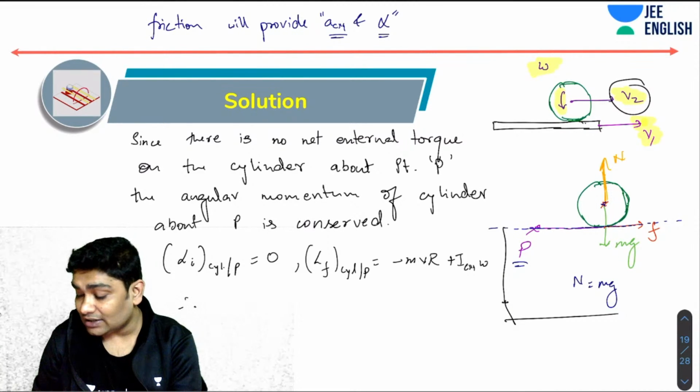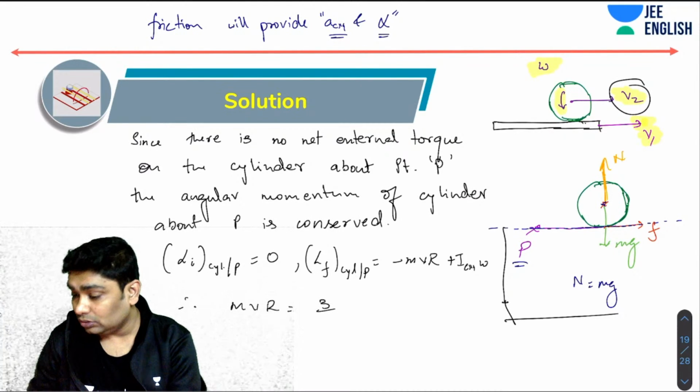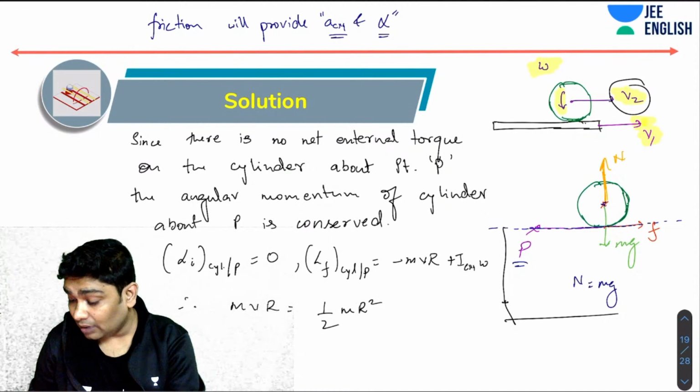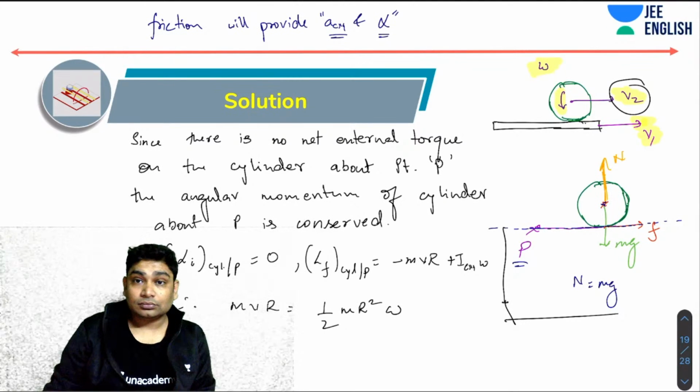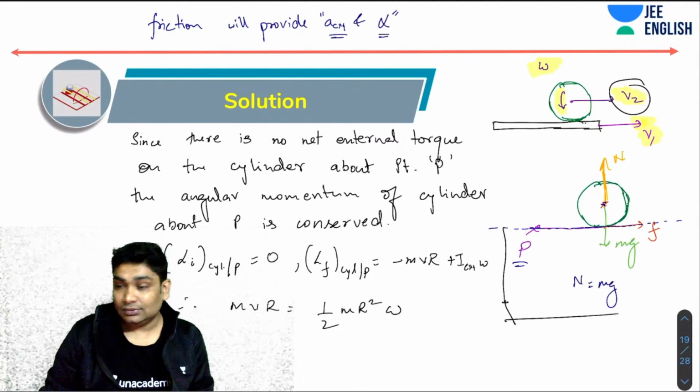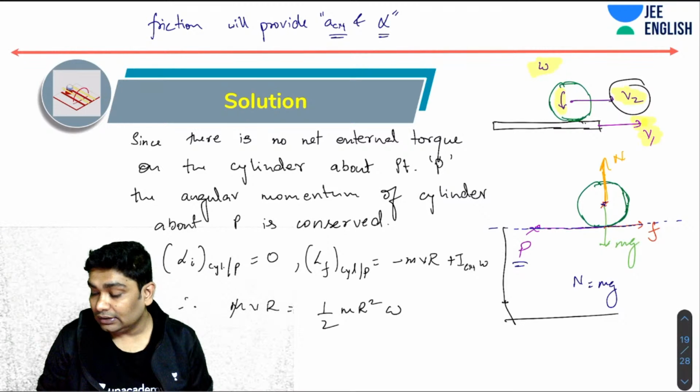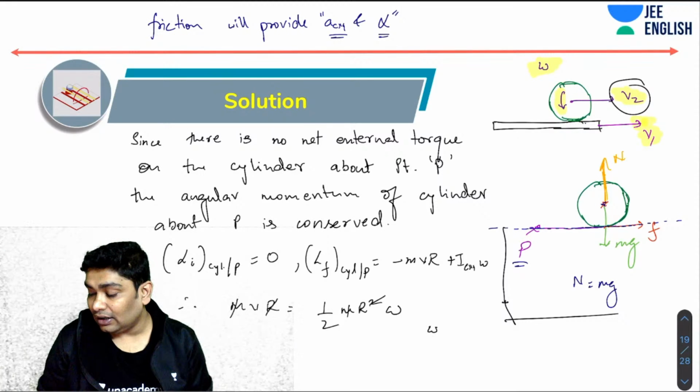So therefore, mvr would be equal to one half m r squared omega. Agreed? So from here, omega r equals 2v.